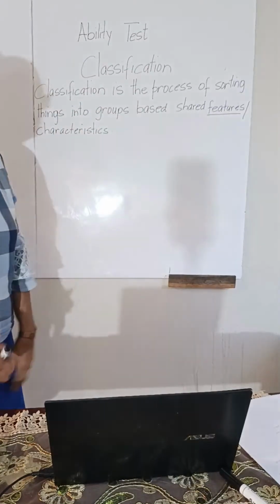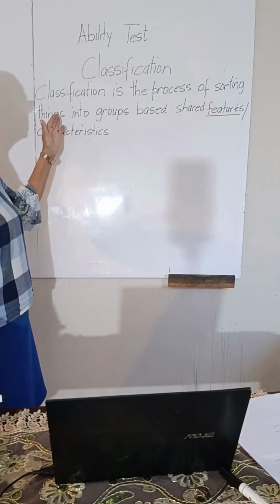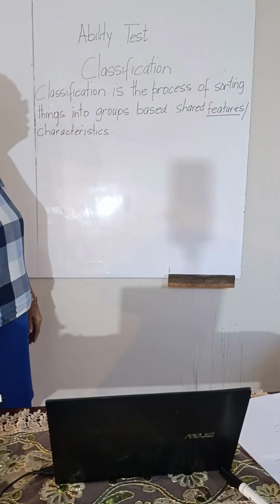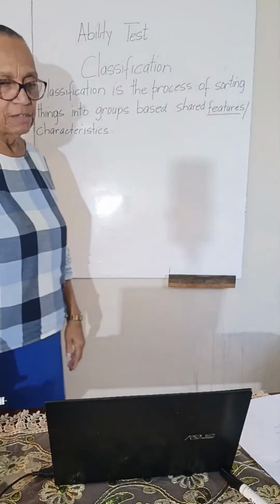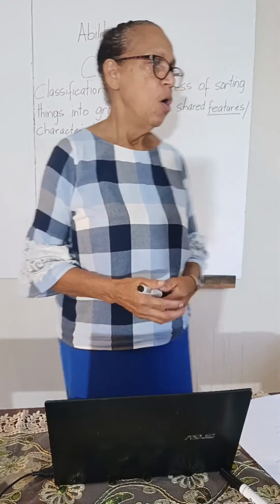What is classification? Classification is the process of sorting things into groups based on shared features or characteristics. What they have in common.